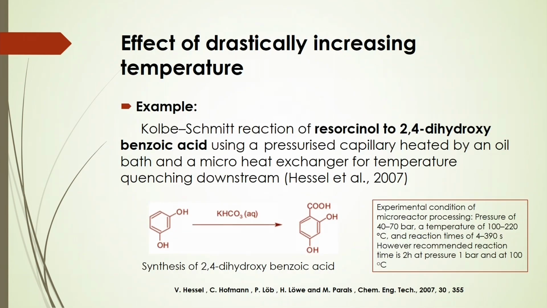As an example, consider drastically increasing the temperature for the Kolbe-Schmidt reaction of resorcinol to 2,4-dihydroxybenzoic acid.